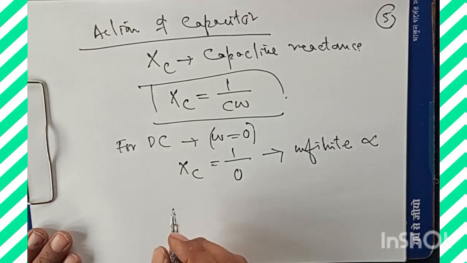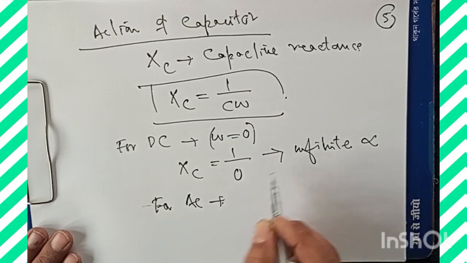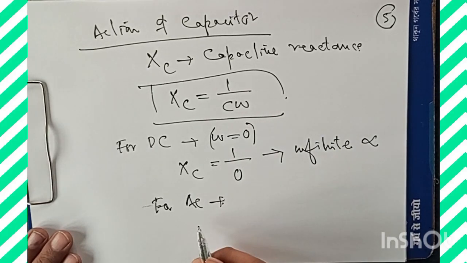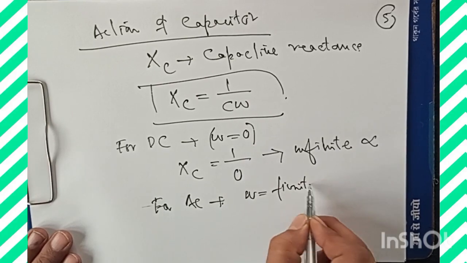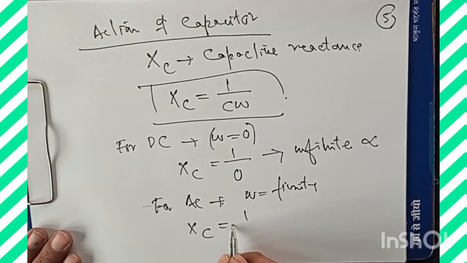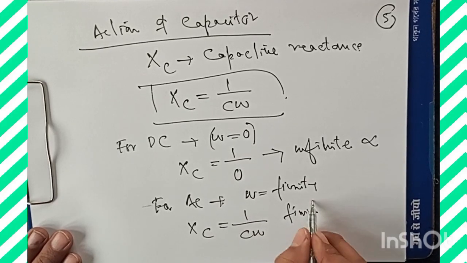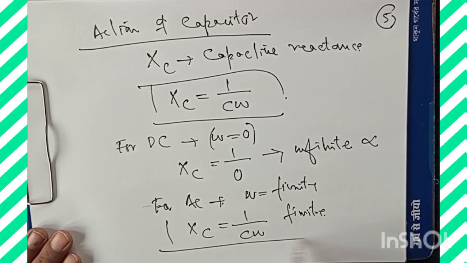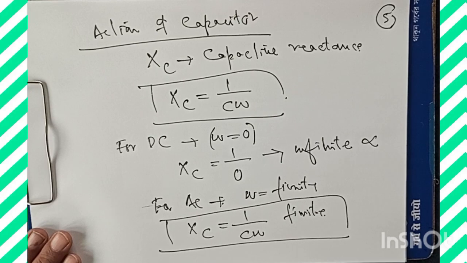But at the same time, if I go with the AC, we will have omega, and this omega is finite in case of AC. Now, if it is finite, then XC is finite. So that means the opposition that's offered by the capacitor to the alternating current is finite.